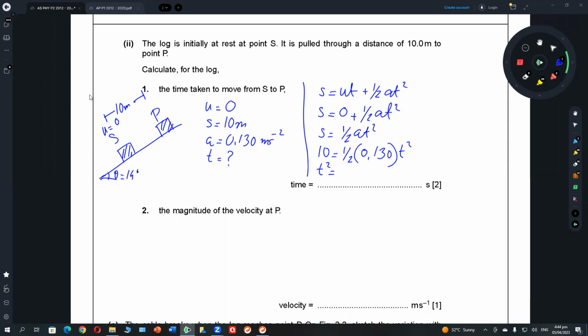You need to find t. So remember, for the final step, you have to take a square root also. I'm getting t as 12.4 seconds. 12.4 seconds.